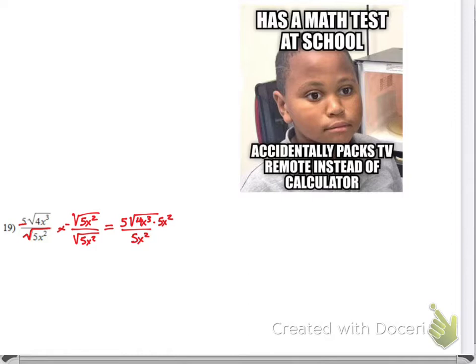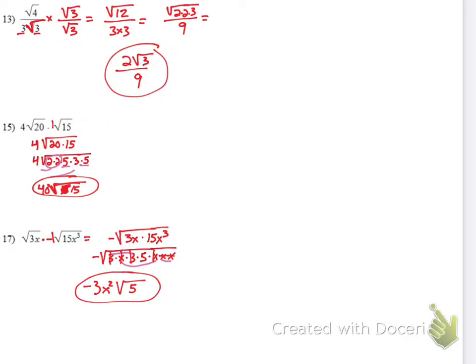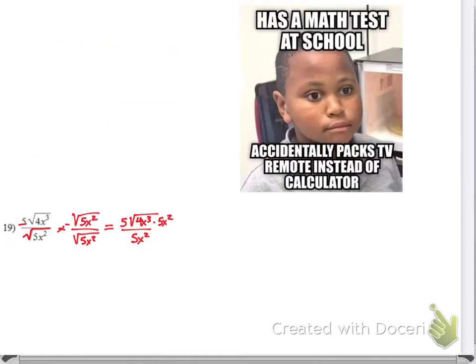Right, now from there, oh, hold on 1 second. Nope, that's okay. I just wanted to make sure I kept that negative in the last one. So 5x squared is still on the bottom, and then I have 4x cubed times 5x squared.